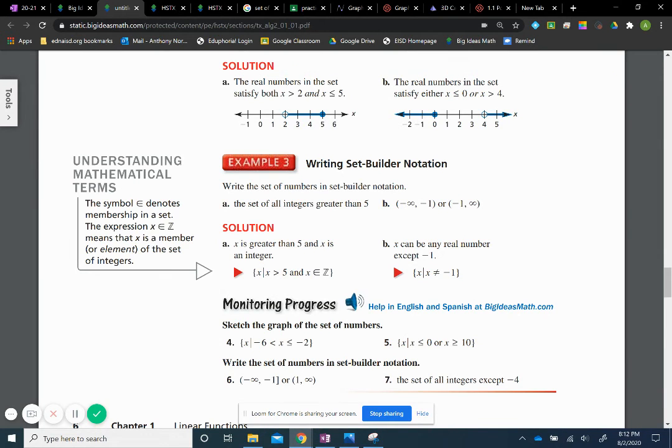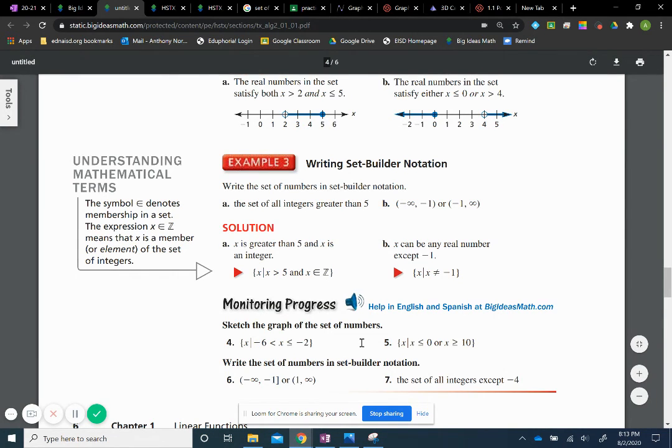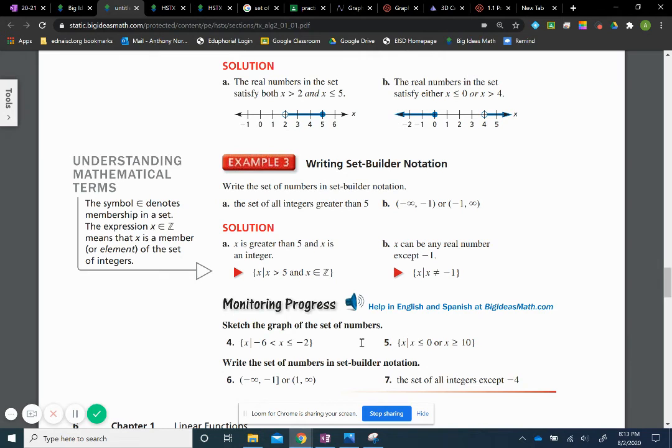Write a set of numbers in set builder notation. So we need a set, so we have curly braces, of numbers where those numbers are greater than 5. They also have to be integers. Since it's the and, we also could have written it the other way.